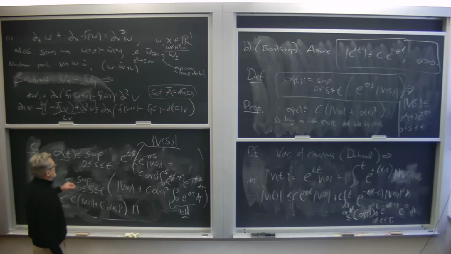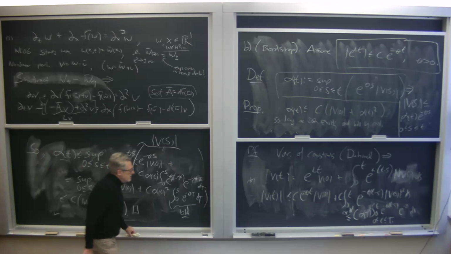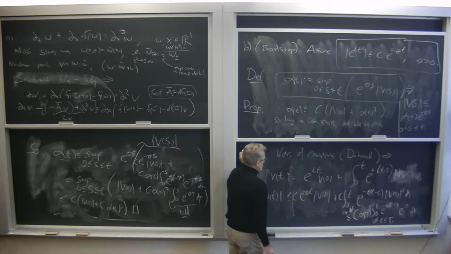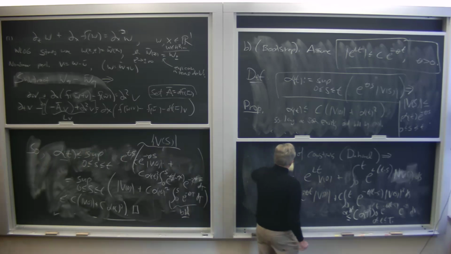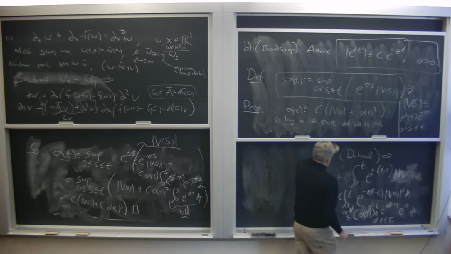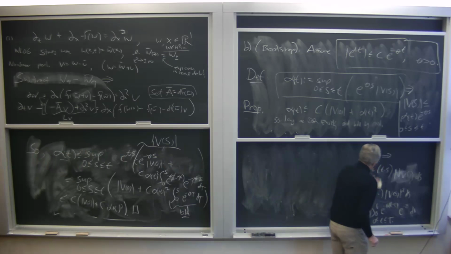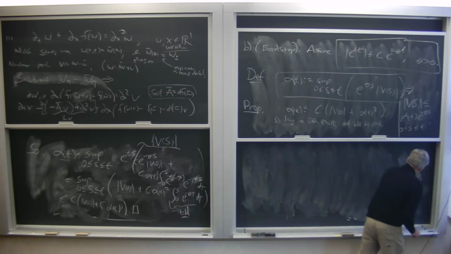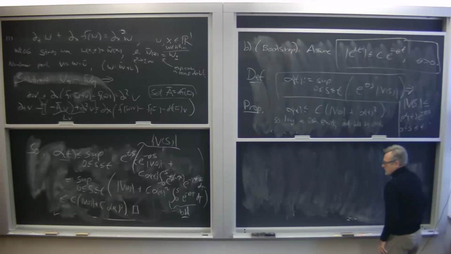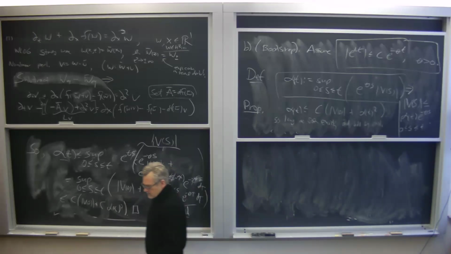Okay. So, all right, I think I'll give up this board. We're okay with this board going away. And now the corollary is what we want. The corollary is nonlinear stability.